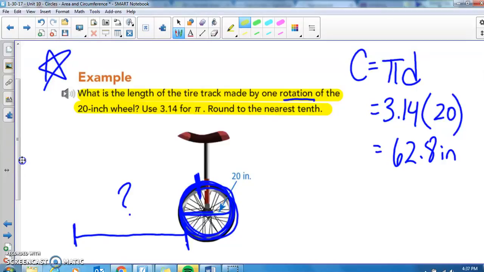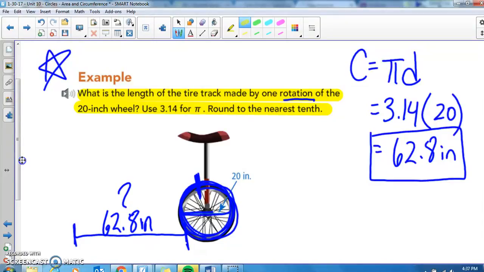So our circumference, or the distance that tire would make as a track with one rotation, would be 62.8 inches. It says round to the nearest tenth. It's already to the nearest tenth, so we just leave our answer the way it is.